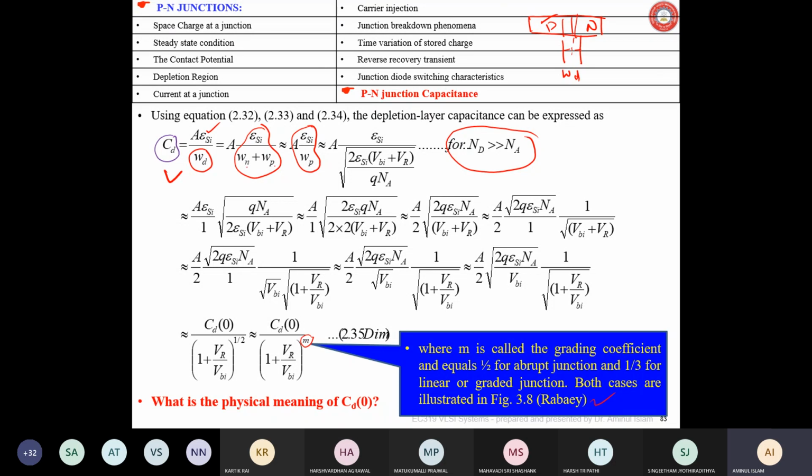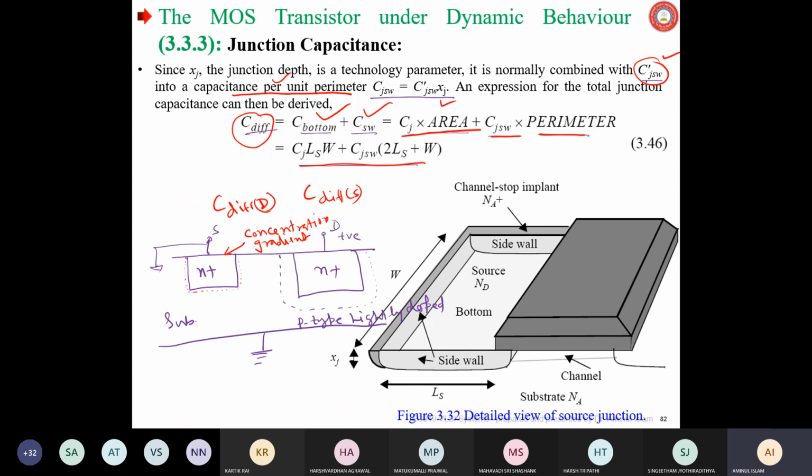At the bottom you have the substrate, there is no channel stop. Side walls are a little different because you may have the channel stop, which is N plus type. Here, since it is N plus, and your diffusion region is also N plus, both sides are heavily doped.